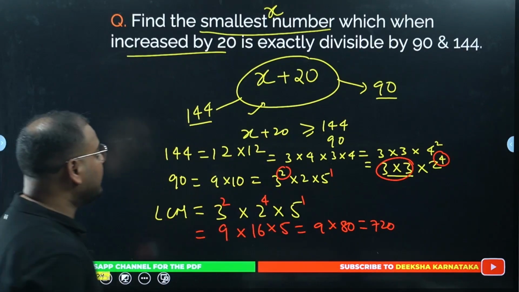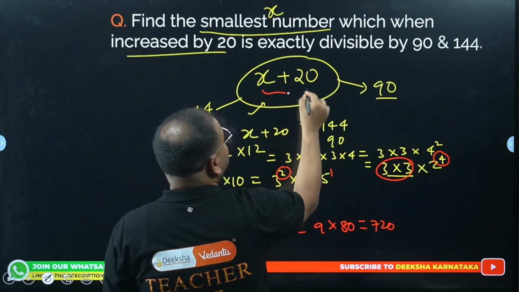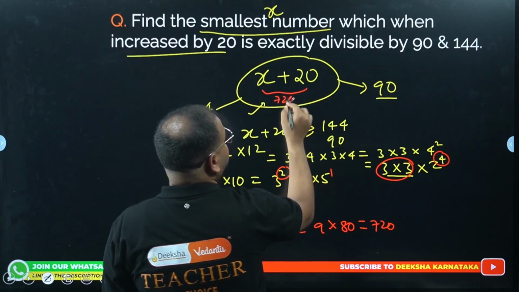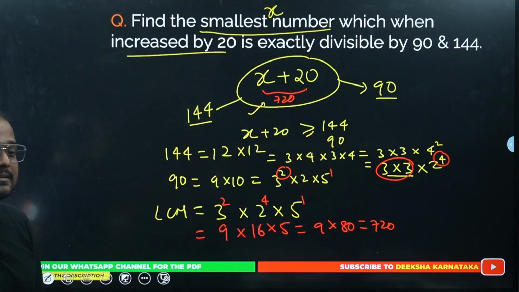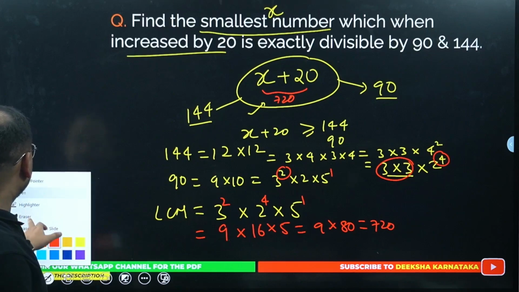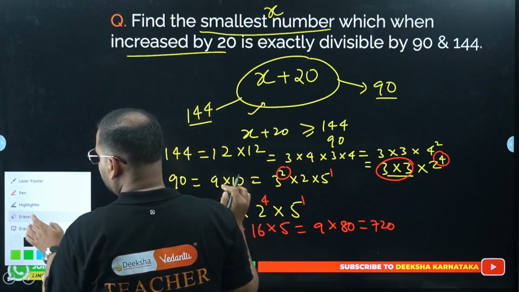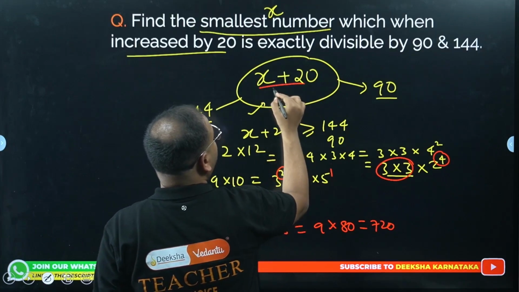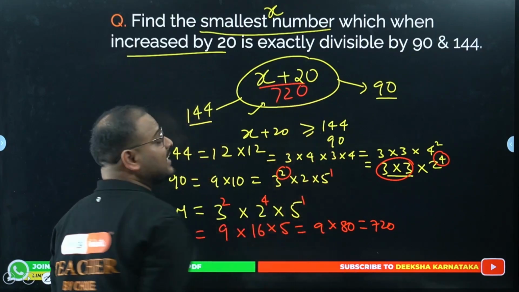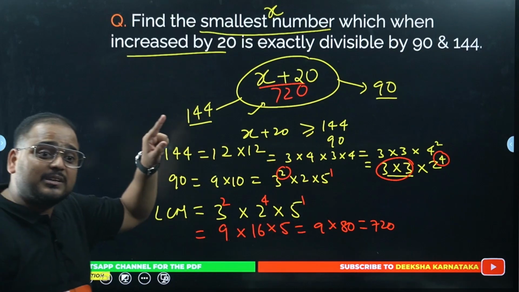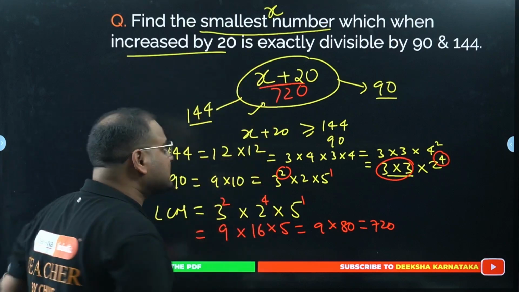No. 720 is our increased number. But they are not asking 720. They are asking the smallest number which, when increased by 20, gives this. So they are asking x.